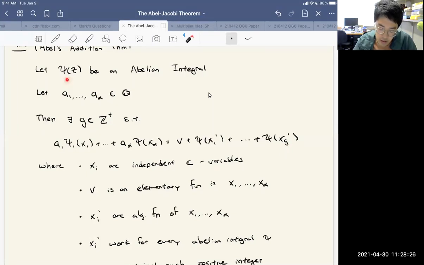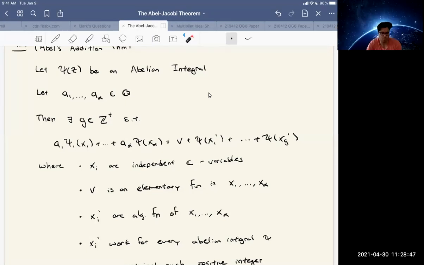And if you look at any kind of abelian integral, you can write down such an expression. So the same choice of x1 through xg and x1 prime through xg prime works for different choices of psi. Okay. So I said something wrong. Thank you.